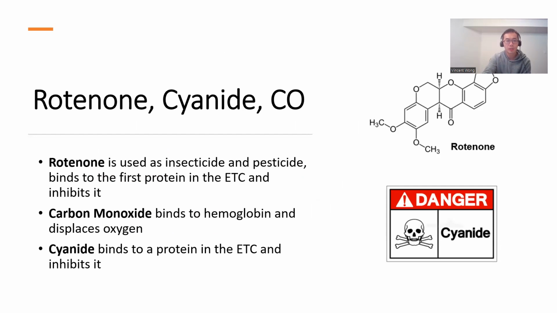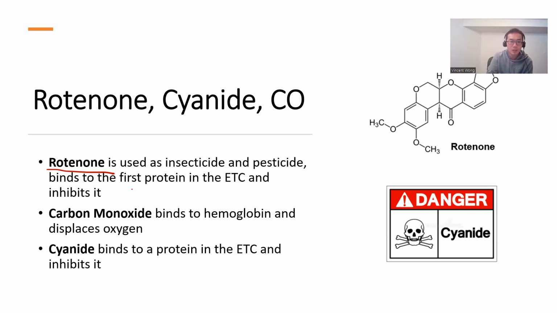Let's take a look at rotenone, carbon monoxide, and cyanide. All these things are poisonous, and they could potentially kill you. They would kill you because they interfere directly with the ETC. So let's take a look at the first one, rotenone. Rotenone is used as an insecticide and pesticide, kills bugs basically.